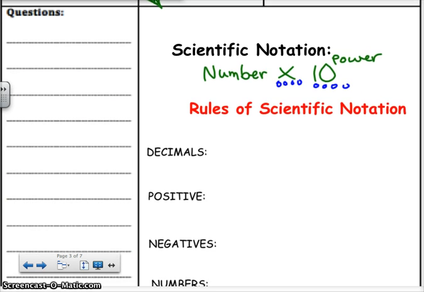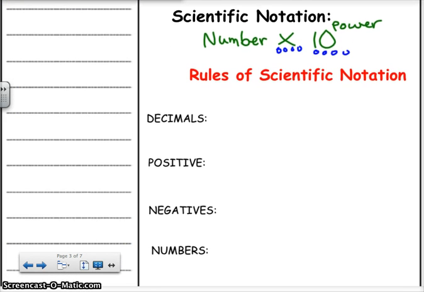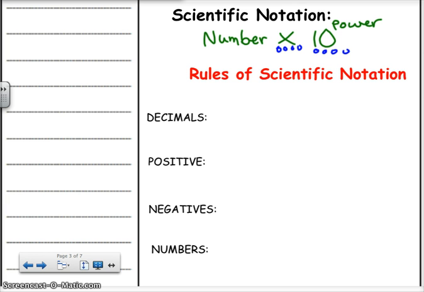Here are the rules of scientific notation that you need to be able to apply today with our learning target. Decimals: you move decimals how the exponent tells you to.